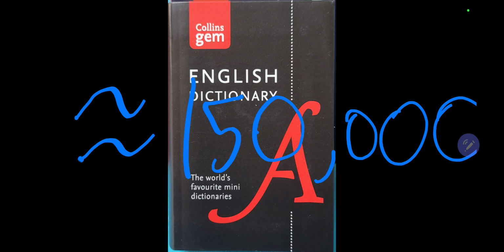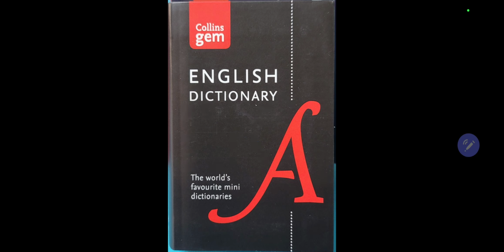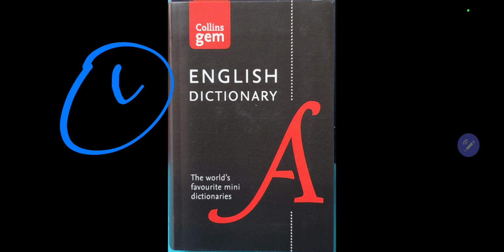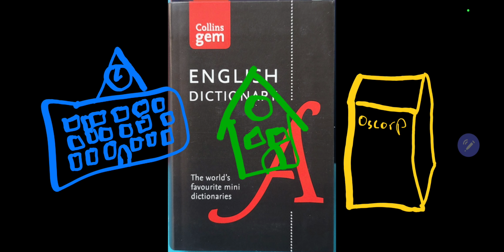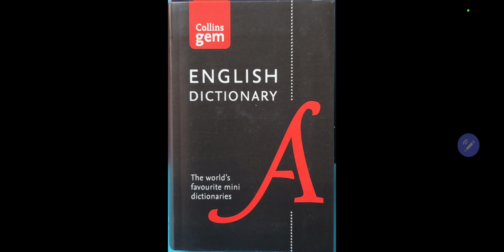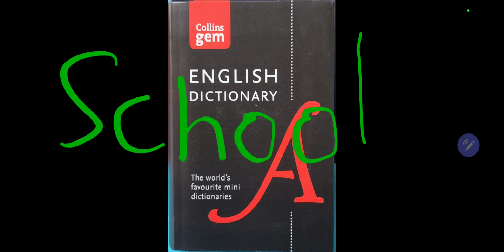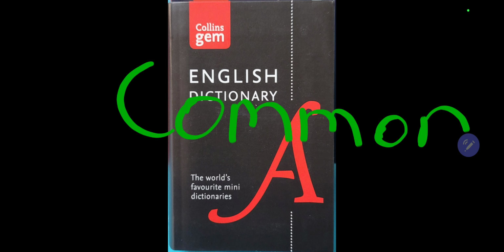These ones have characteristics that are detailed enough to answer most questions on spelling or definitions, and they're widely used in schools, homes, and businesses. And the final type of dictionary is the school dictionary, which usually emphasizes common words.